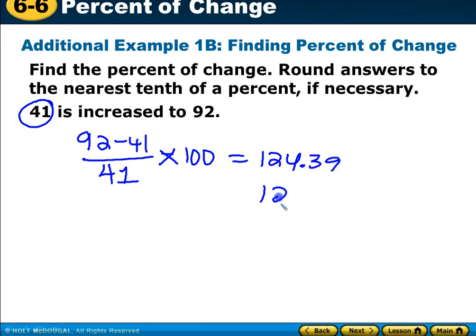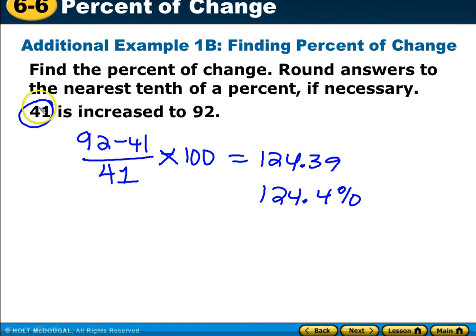So this will be 124.4%. Now, I know before in sixth grade you did not deal with percentages that were more than 100. This year you will. As we can see clearly, 41 was increased to 92.